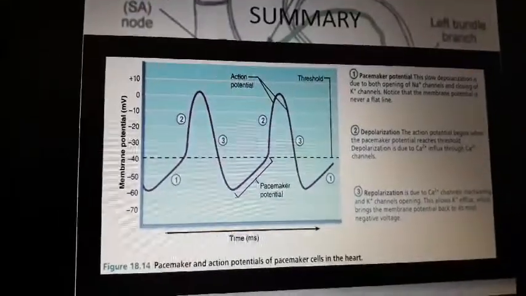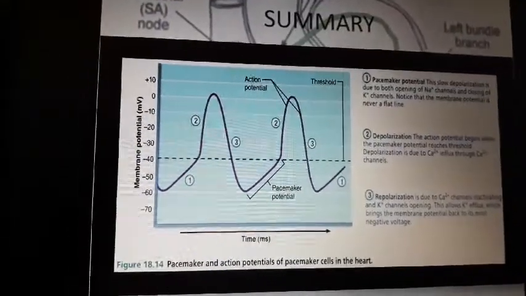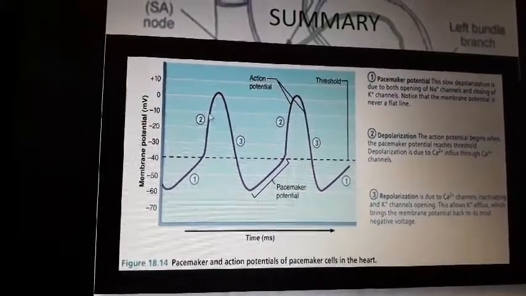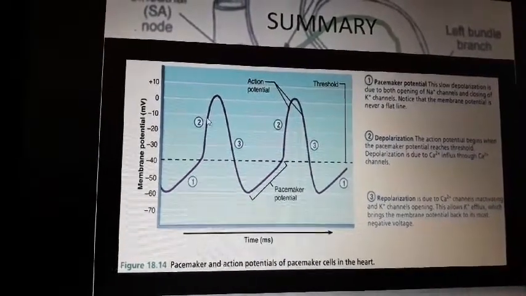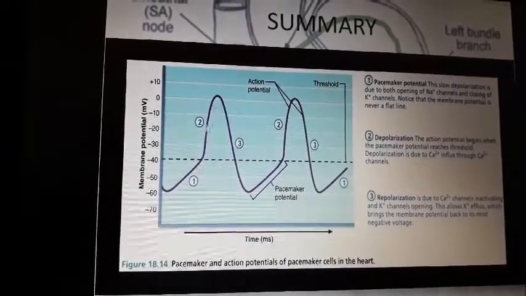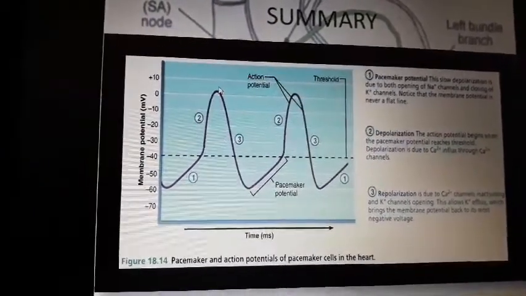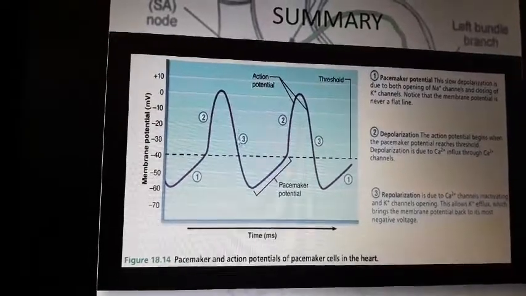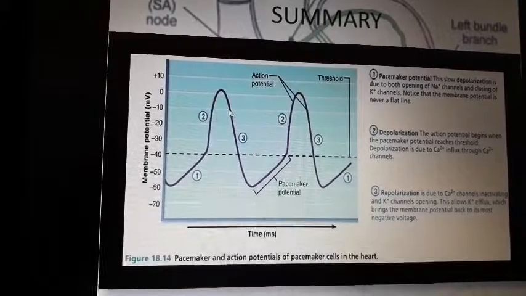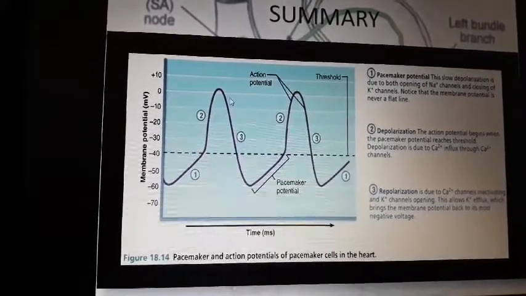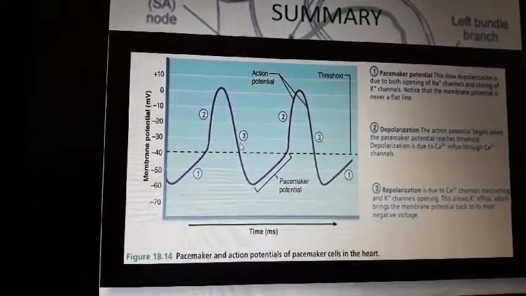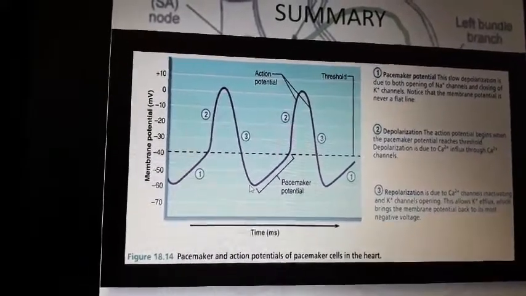So basically the summary is, the depolarization is mainly caused because of the calcium influx inside the cell, activation of calcium channels. The repolarization is because calcium channels have been inactivated, potassium channels come into action, and they cause increased negativity inside the cell, restoring the RMP to negative volts.